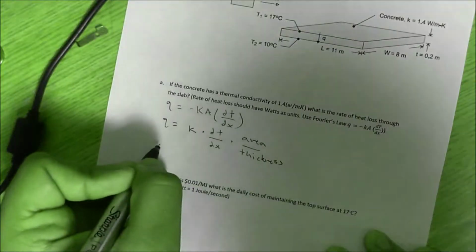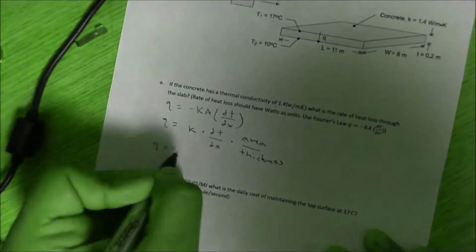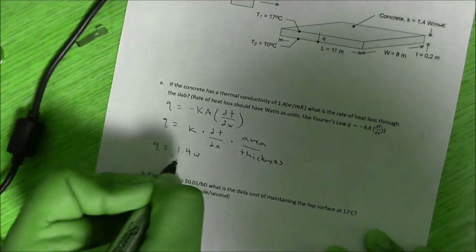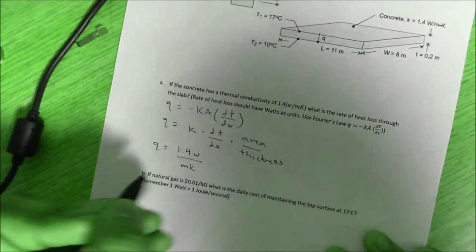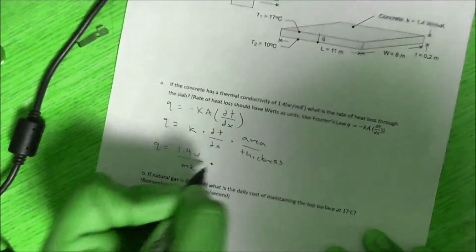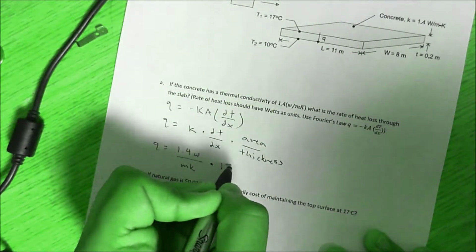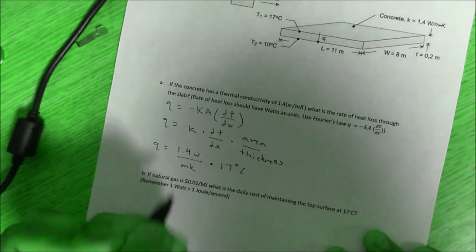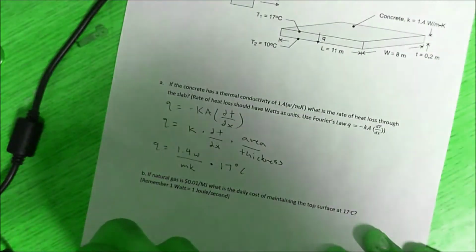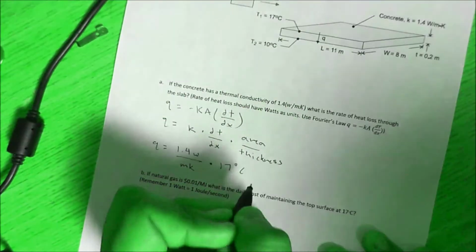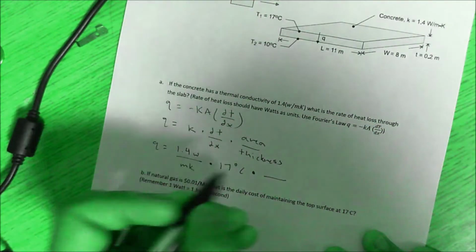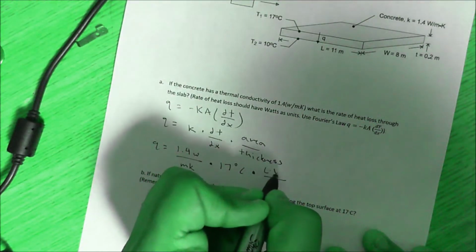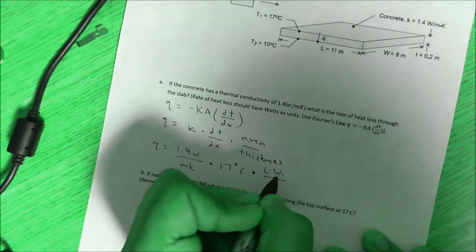So we know that Q equals 1.4, because that is our thermal conductivity. We multiply that by 17 degrees Celsius, since that's our temperature change. And now we need to multiply it by the area over the thickness. The area would be length times width in this case.